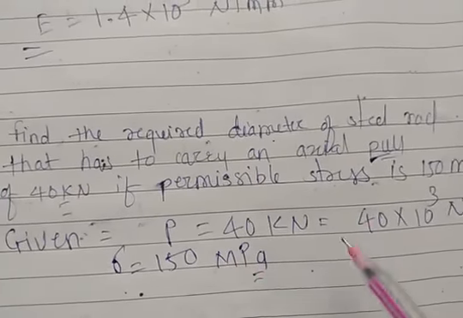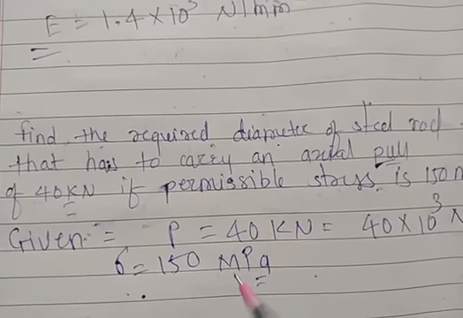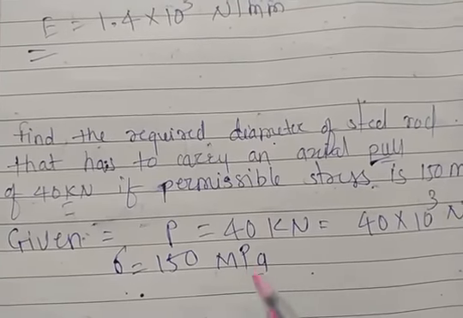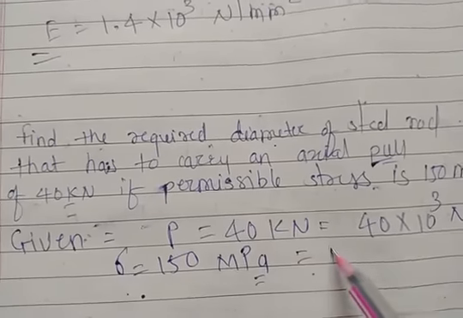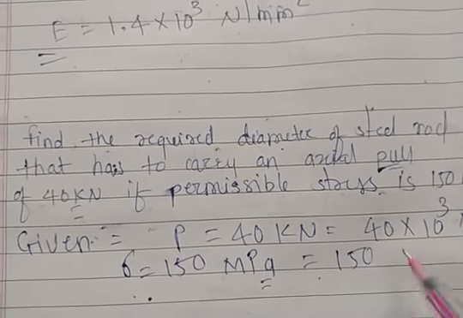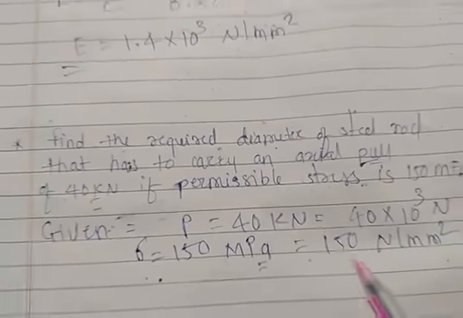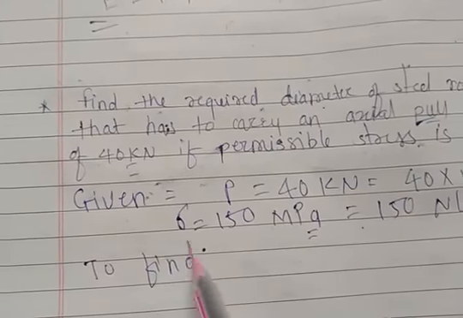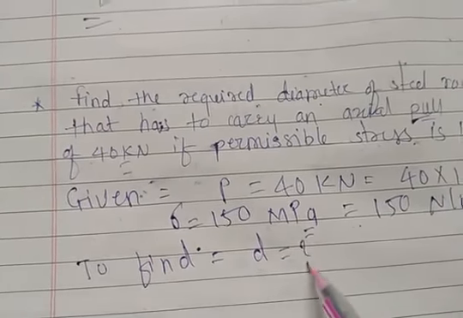I already described in the previous lecture that when the unit megapascal comes, it is equal to Newton per mm square, so you keep the value as it is: 150 Newton per mm square. And we have to find the diameter D of the steel rod.